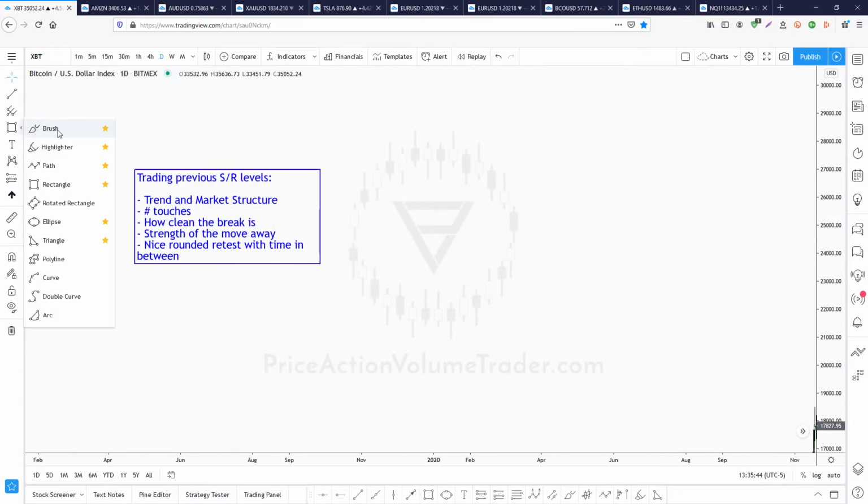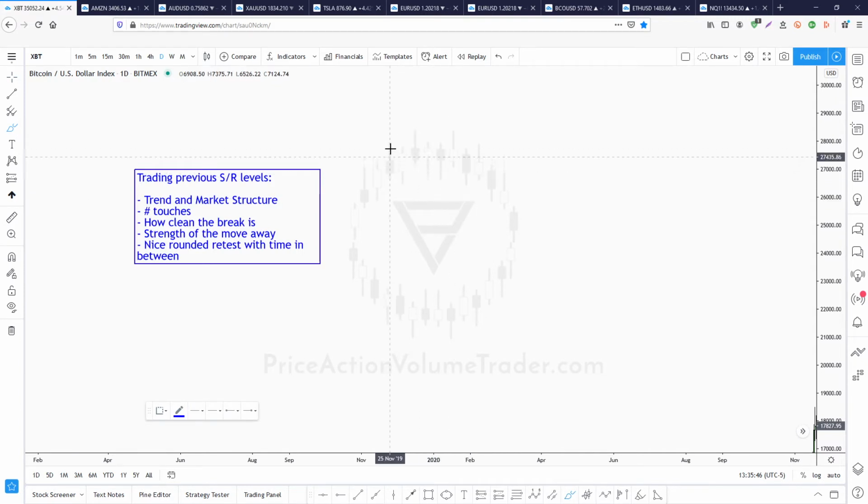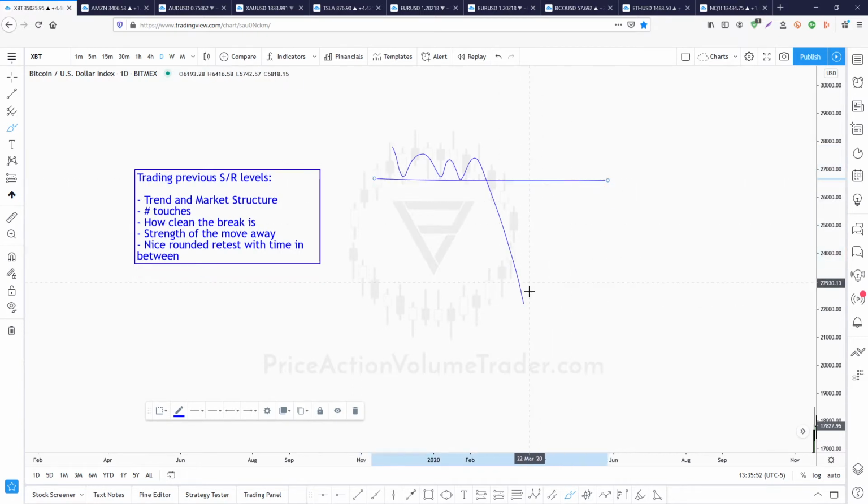Well, we want to avoid trading V reversals. If we have price do this and we have a resistance level, but we see price come back really fast, this is what we call a V reversal, and this has to make us wary, because it means that the move back has a lot of strength and this level might not hold.